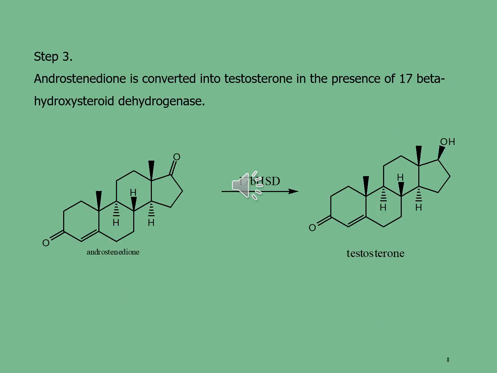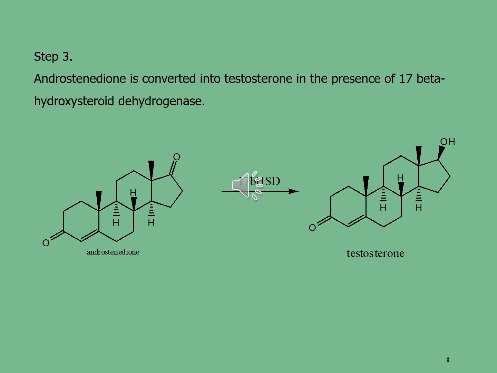In the third step, androstenedione is converted into testosterone, which is our target compound for the synthesis of androgens, in the presence of the 17-beta hydroxysteroid dehydrogenase enzyme, which is abbreviated as 17-BHSD. So you can see in this reaction the androstenedione is converted into testosterone. In testosterone, there is a carbonyl group at carbon 3 position and a double bond at carbon 4 position, similar to androstenedione.